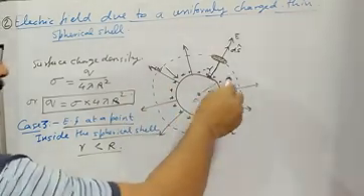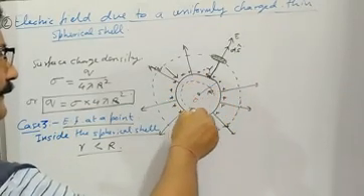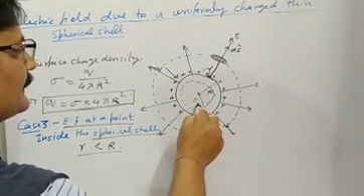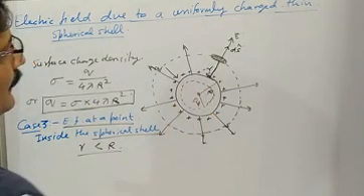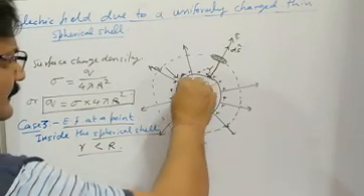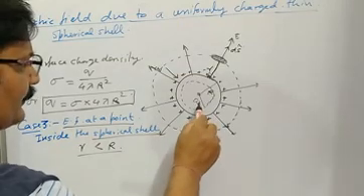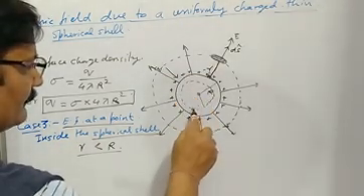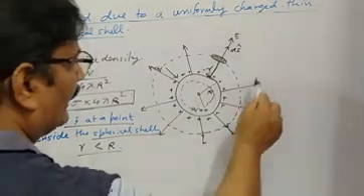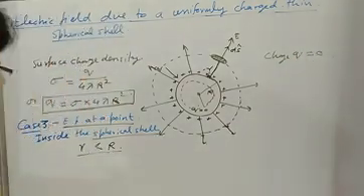Now you can see if we take this Gaussian surface inside the spherical shell, the radius of this Gaussian surface is small r, and the entire charge given to the spherical shell is spread over its surface. But you can see there is no charge present inside the spherical shell. In the interior part of the spherical shell, charge q is equal to 0.